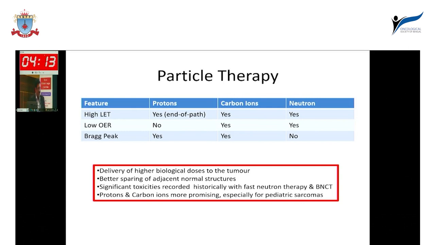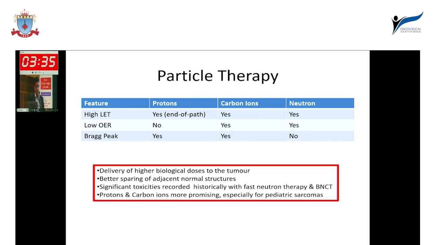So the particle therapies, do you want to just tell our surgical colleagues what we can offer? So obviously, it is now perhaps the treatment of choice whenever it is available and in those scenarios where it is indicated, because we can give a much higher dose compared to conventional treatment, with sparing of the normal structures to a higher degree. Especially in pediatric cases, we should definitely consider particle therapy whenever we have the opportunity.